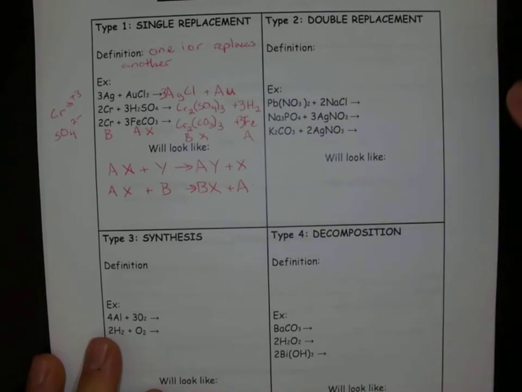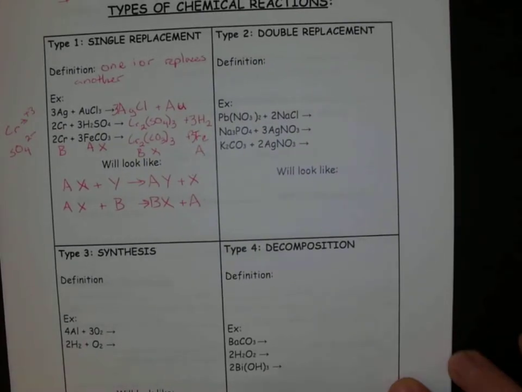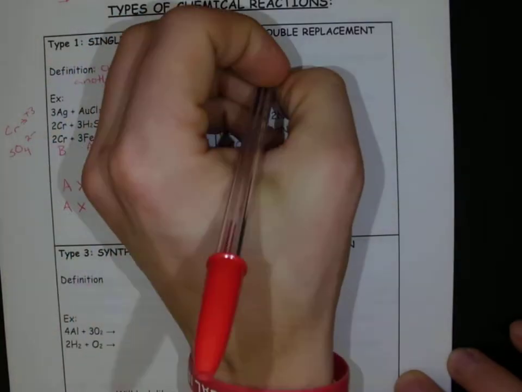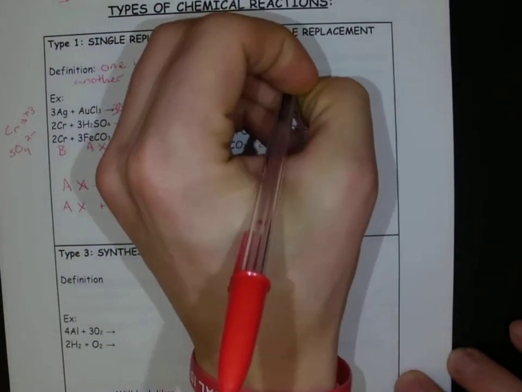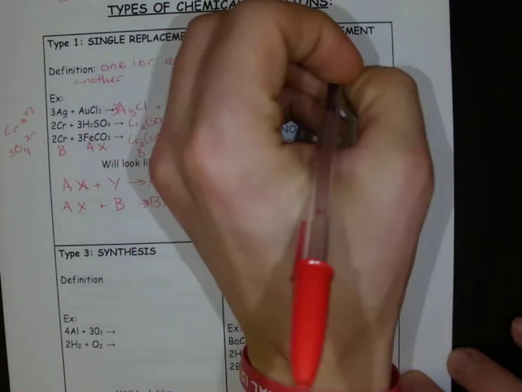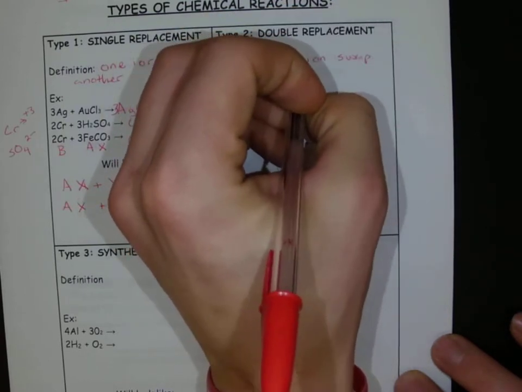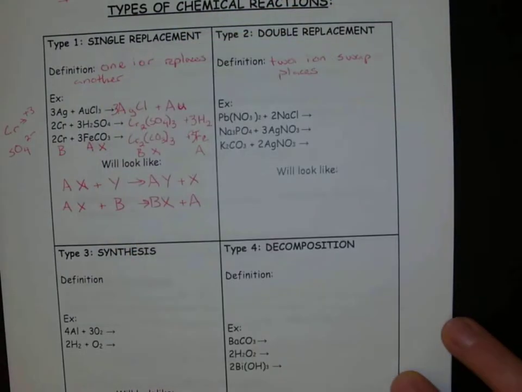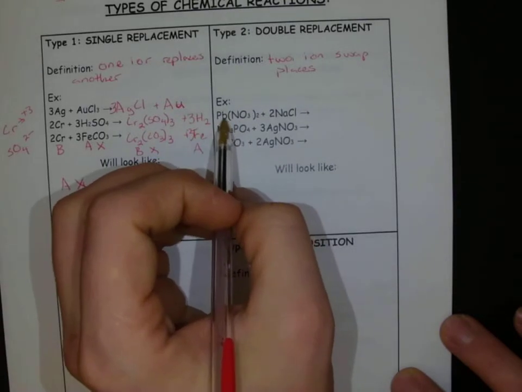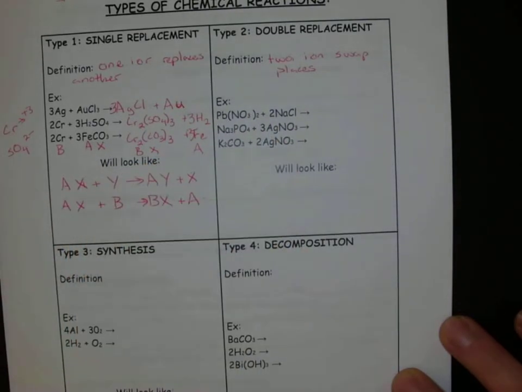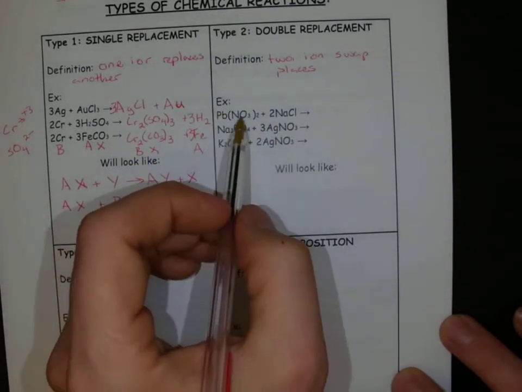All right, let's look over here now at our double replacement. Double replacement, we have 2 ions that swap places. Okay, so if we notice here now, each of our compounds has a positive and a negative ion.